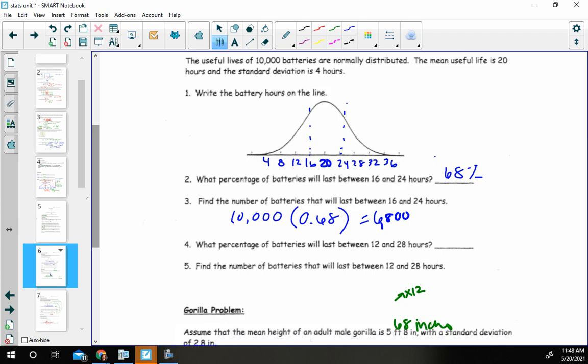Go in your group. How are you doing? That's 9,500.